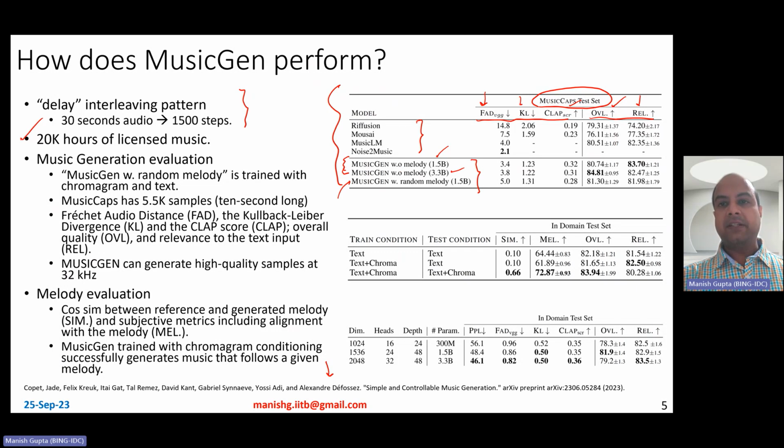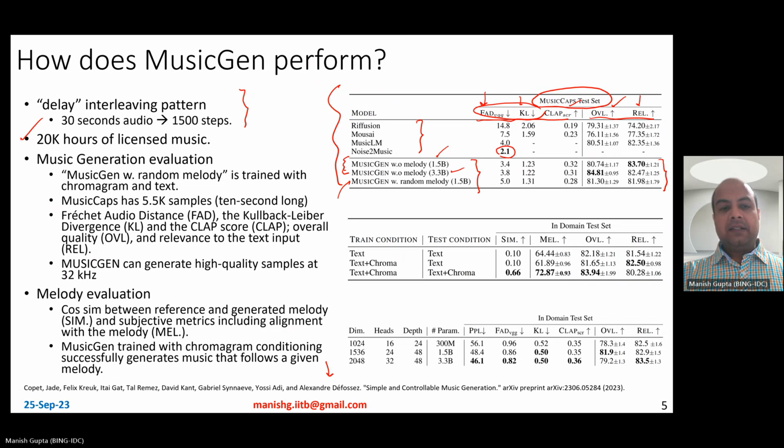Whatever is the metric that you care for, of course, for KL divergence and these 2 metrics, lower is better. So Noise2Music does very good here. But if you really look at human quality scores, you observe that MusicGen does better compared to existing baselines, especially on the human perception scores.